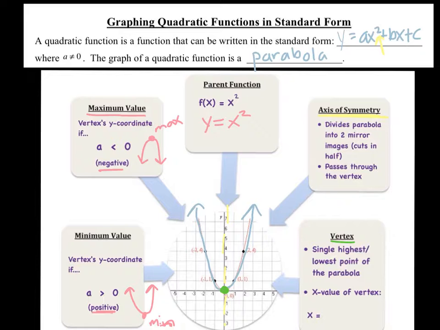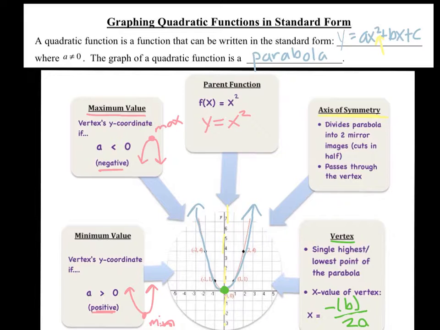The way you guys can find the x value of your vertex, meaning what value that axis of symmetry goes through, is by using this formula: x equals negative whatever your b value is, divided by 2 times whatever your a value is.